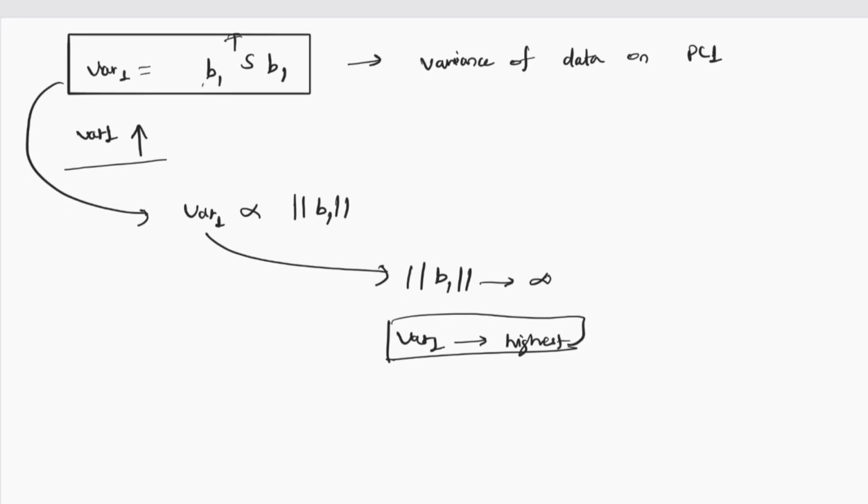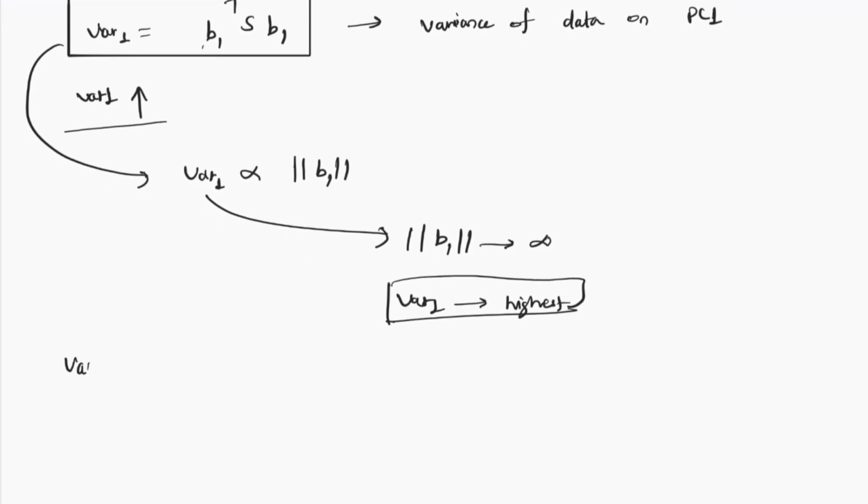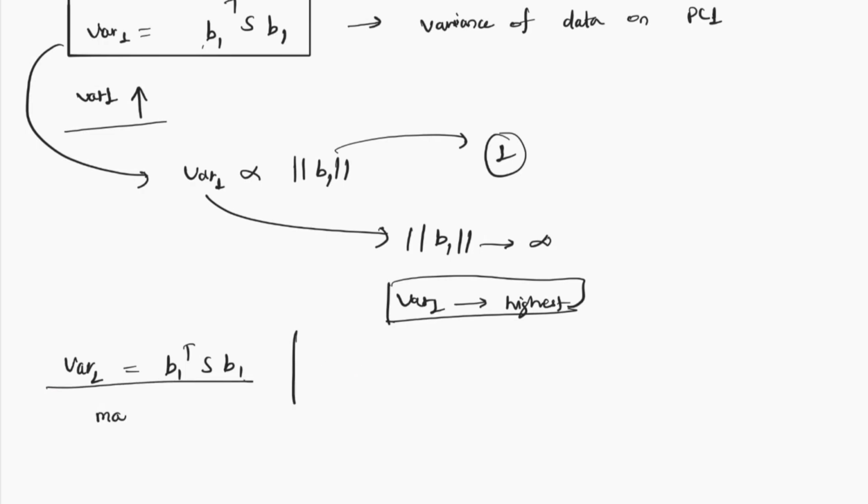So what we will do now, to simplify this case, we can keep the magnitude of B1 as 1, and then in that case we want to maximize the variance B1 T S B1, keeping a constraint. This constraint says that the magnitude of B1 is 1, which can also be written as B1 T B1 is equal to 1.